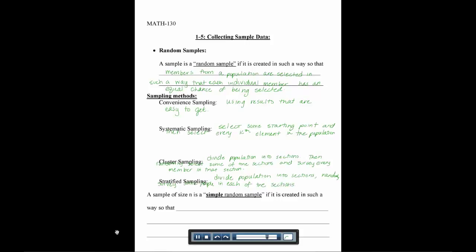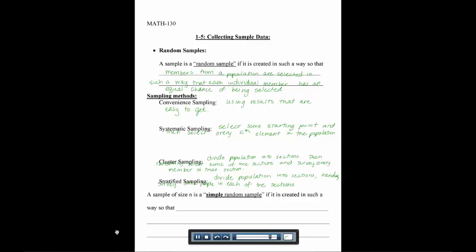Okay, so if we go with the United States example again, you put the people in the United States, and then you would randomly select people from each of the 50 states. Okay, so cluster sampling, you're only picking some of the states and you're surveying everyone in those states. Stratified, you're using all of the states, but only a few people in each state. Okay, so those are 4 methods we kind of talk about.